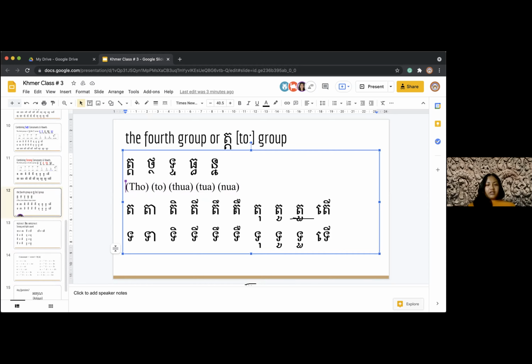To, to, sra, tơ. To, sra, o, to. To, sra, u, tua. To, sra, ua, tua. To, sra, a, ta.